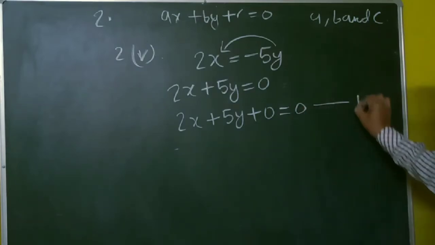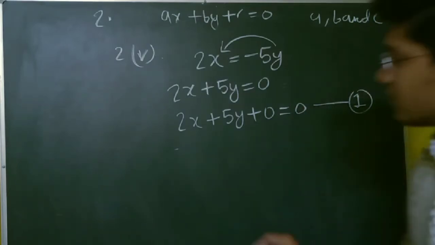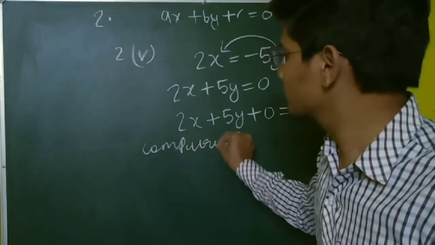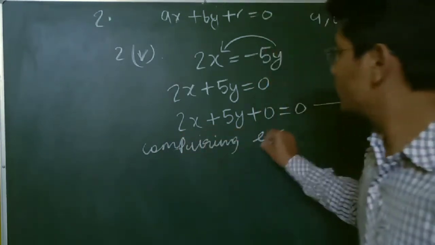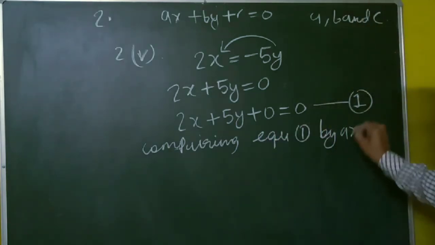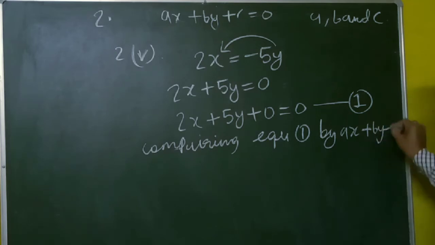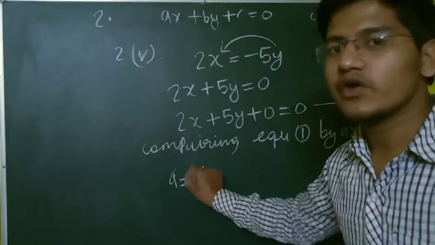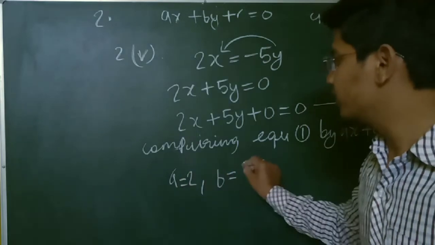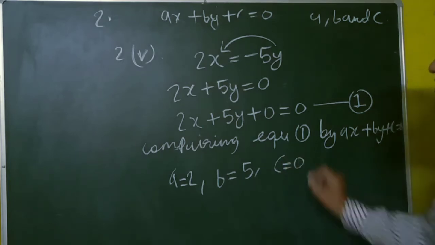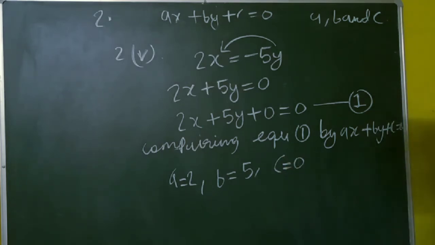Let us consider it as equation number first. Comparing equation first with ax plus by plus c equals 0, the value of a will be 2, the value of b will be 5, and the value of c will be 0. So the value of c came 0. These are the values of a, b and c.